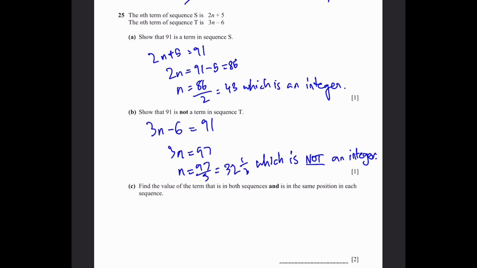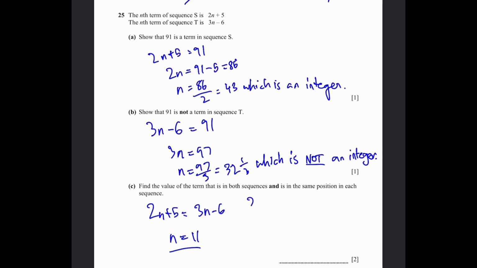C, find the value of the term that is in both sequences, as in the same position in each sequence. That means it has to be the same nth term. So 2n plus 5 equals 3n minus 6. That means n is equal to 11, when you bring minus 6 to the other side, plus 6. 3n minus 2n, so 11, that's equal to n.